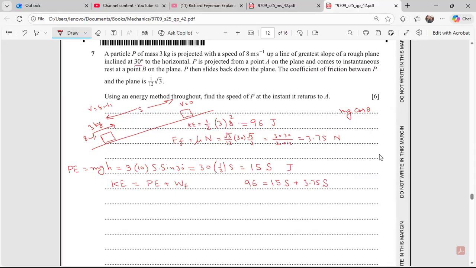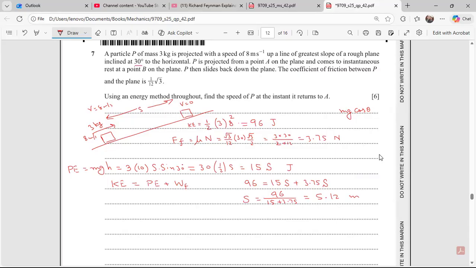Because this is the force of friction and if the distance is s, then the work done against the friction force is going to be 3.75 s. I hope this is all clear. So from here, I will try to find out the value of s. So s is going to be 96 divided by 15 plus 3.75, and it comes out to be 5.12 meters. So this is the distance it has traveled before coming to rest.